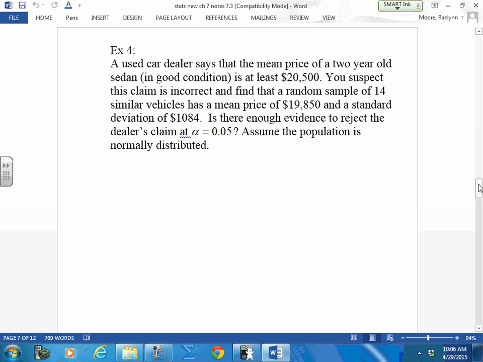Your table 5 is different than your A table on the formula sheet. Your A gives you your standard deviations on the side and your areas in the middle. Your table 5 does not give you area. So you can't find a p-val off your table, but you can find a p-val off your calculator.